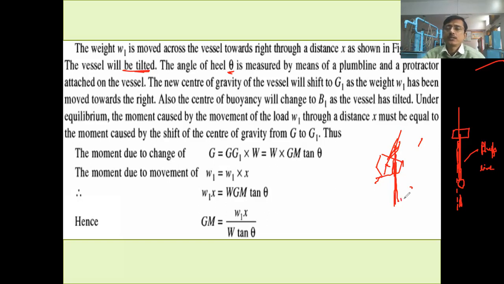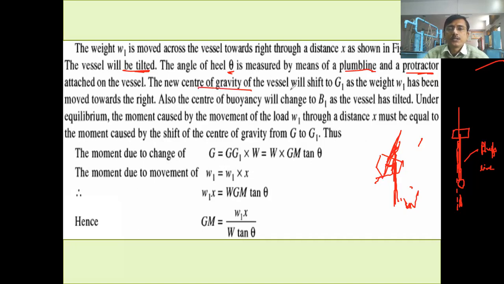This line and this line will create an angle. This can be measured with the help of a protractor. The angle made by this normal axis and this plumb line can be measured with the help of a protractor. You have seen in the practical how this angle is measured. So this theta can be measured there.